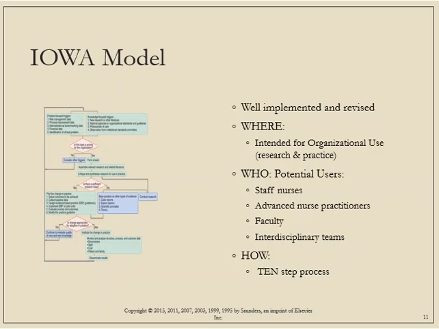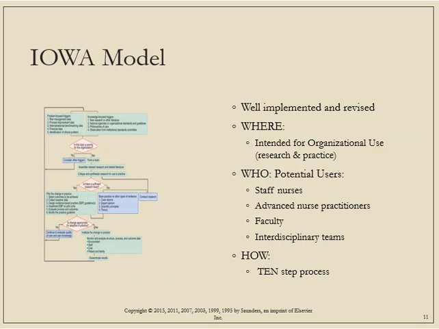The Iowa model provides guidance for nurses and other clinicians in making decisions about day-to-day practices to improve quality outcomes. The Iowa model is an organized and logical process with feedback loops, and it's widely recognized for its applicability and ease of use by multidisciplinary teams.